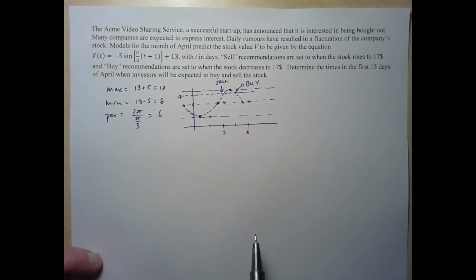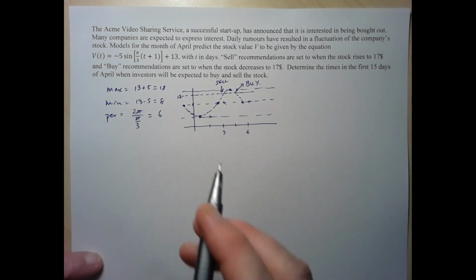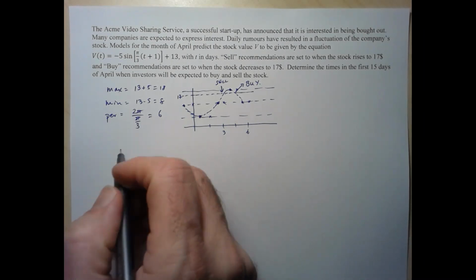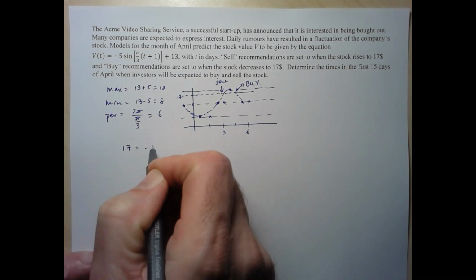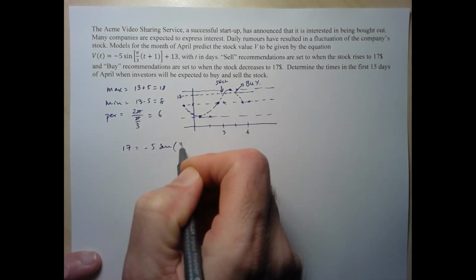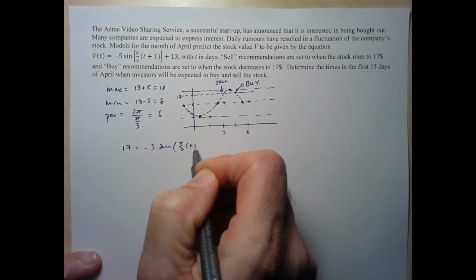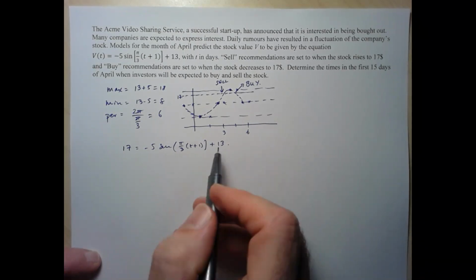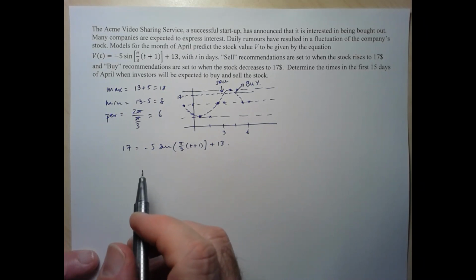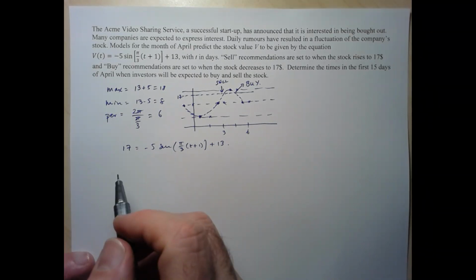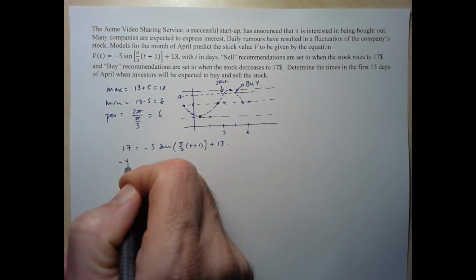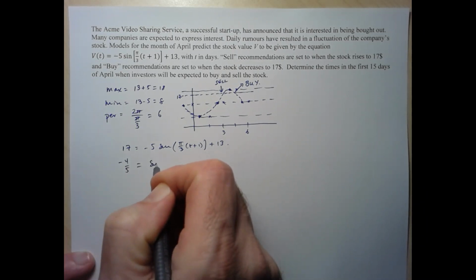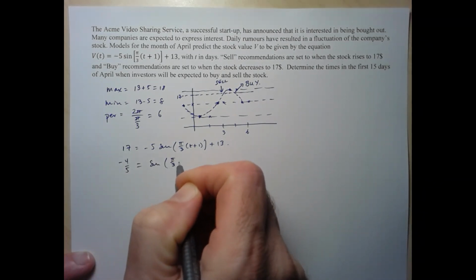So let's do that here. I'm going to set my V as 17, so negative 5 sine of pi over 3 times t plus 1. I'll bring the 13 to the other side, which gives me 4, and then divide by negative 5. So I have negative 4 over 5 equal to sine of this whole input.